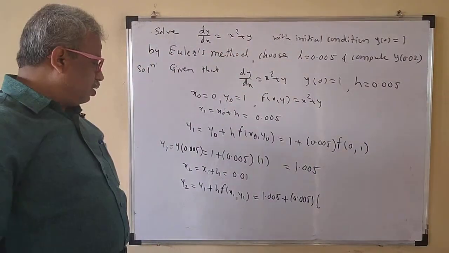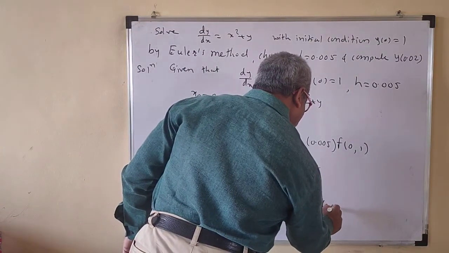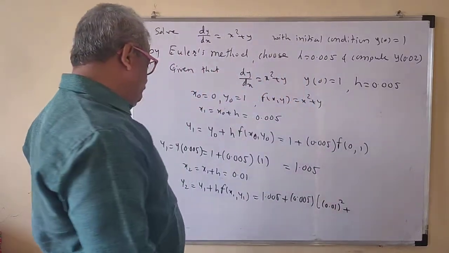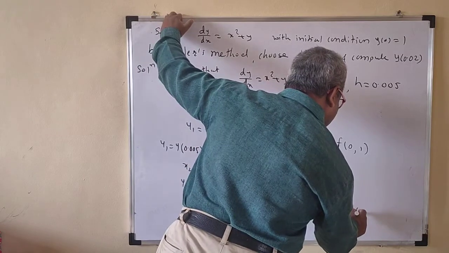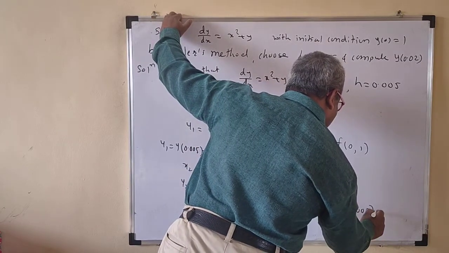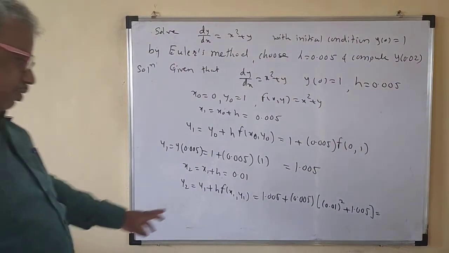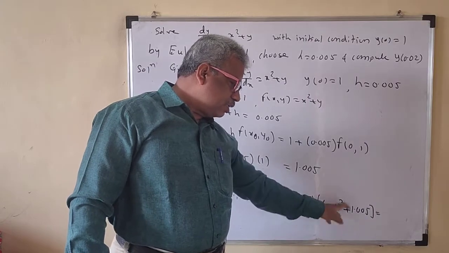X1 square plus y1. What is your x1? X1 is 0.01 square plus y1. Y1 we have just calculated. This is 1.005. Okay, so use the scientific calculator. Directly type 1.005 plus bracket this square plus this.